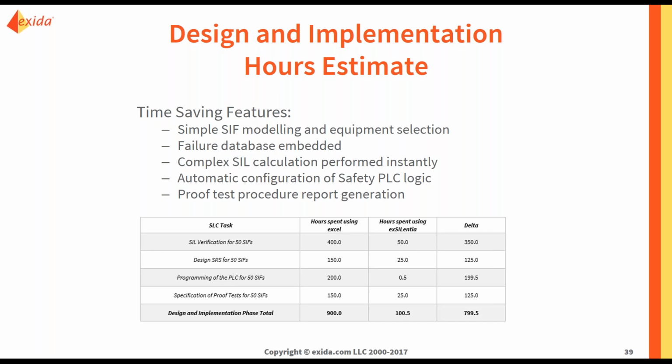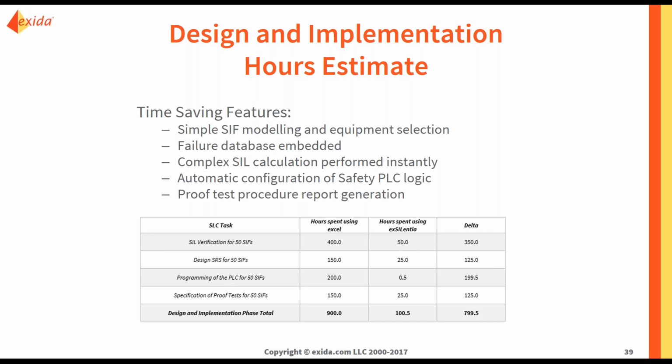If you need to go back because you have not achieved that SIL level, you can simply choose different equipment, choose different architecture to optimize your SIF and achieve that SIL level that you need, and then move on to the next SIF. So this is a very efficient way to do your SIL verification.